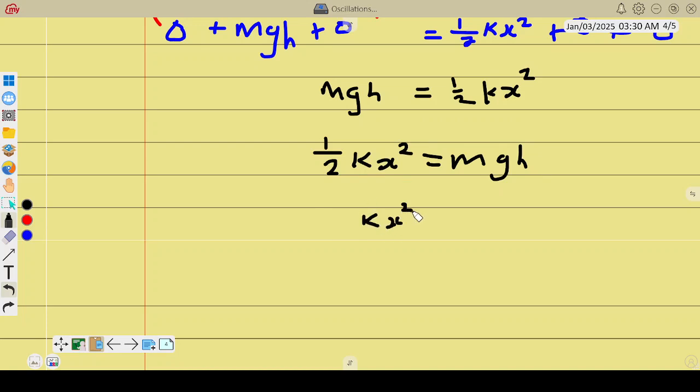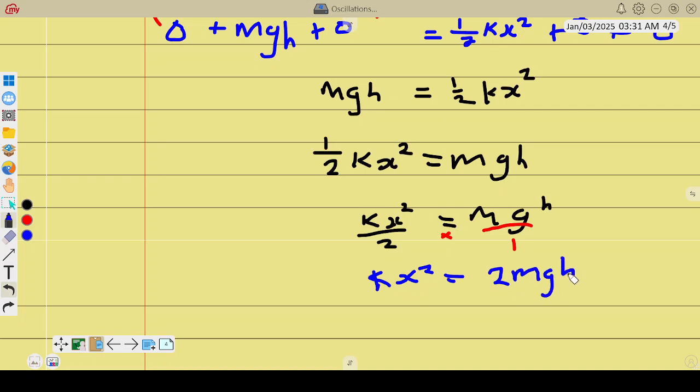So we have kx squared over 2, 1 times 1, 2 times 1, mgh. We can cross multiply. So we're going to have kx squared is equal to 2 times these, it will be 2mgh.